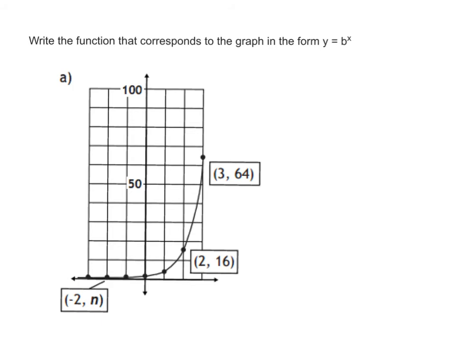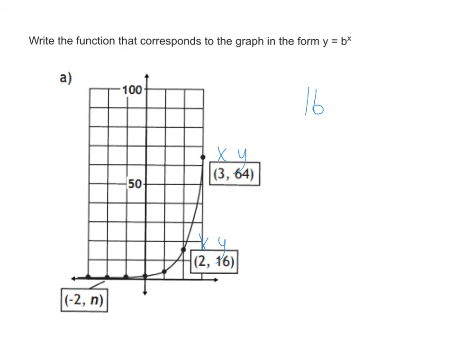How are we going to figure out what b is? Yeah, just use x and y, right? So we could use this x and y or this x and y and just fill them in.